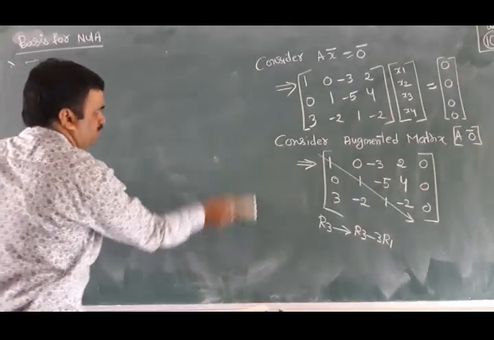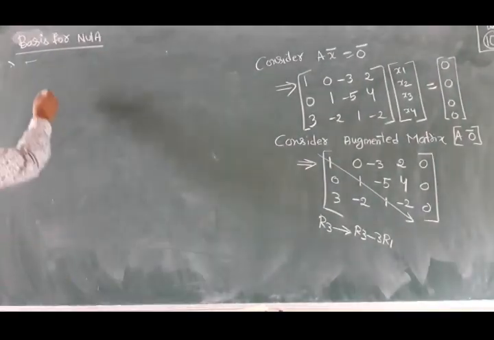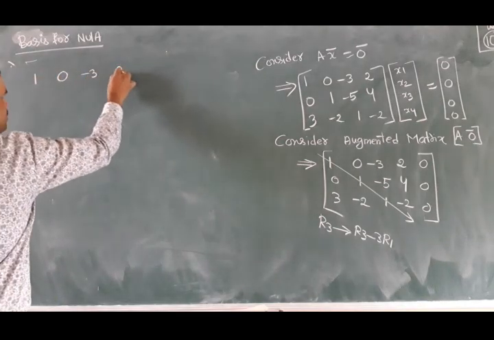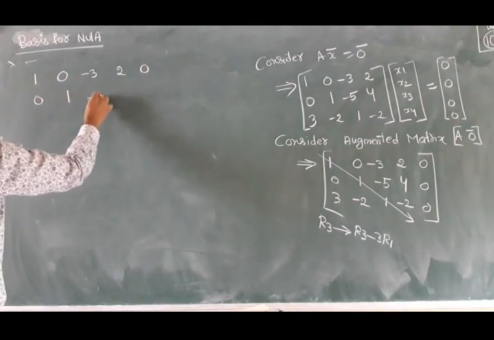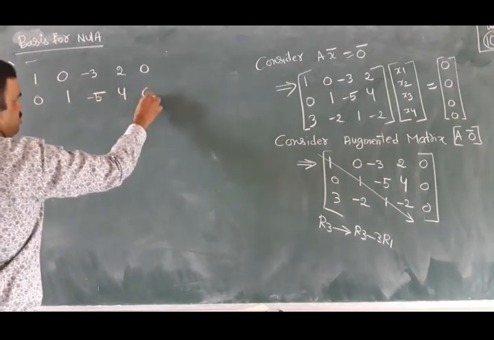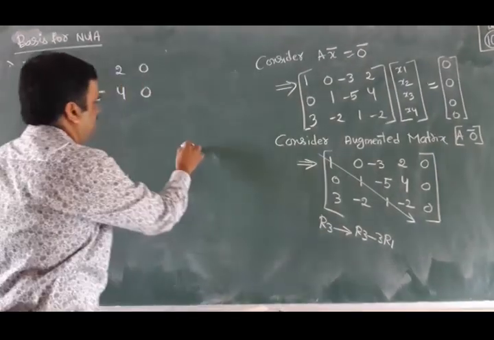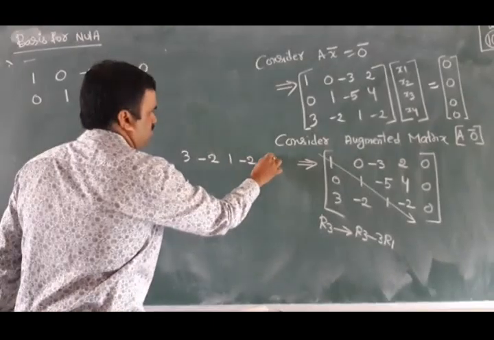The first row and second row stay as they are. Write the first row and second row: 1, 0, minus 3, 2, 0 and 0, 1, minus 5, 4, 0. Third row is R3: 3, minus 2, 1, minus 2, 0.